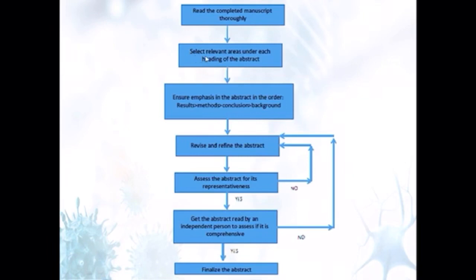Then select the relevant area and its headings for the abstract. Then ensure emphasis in the abstract in the order: results, message, conclusion, background. The results should be the very, very important thing. Then revise and refine the abstract.